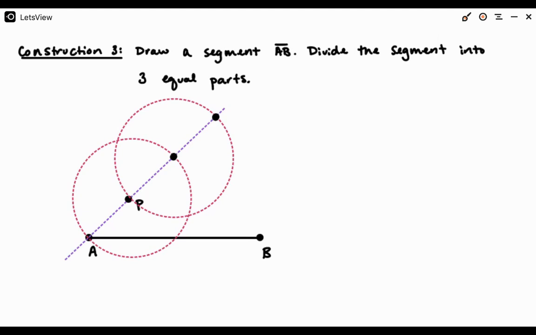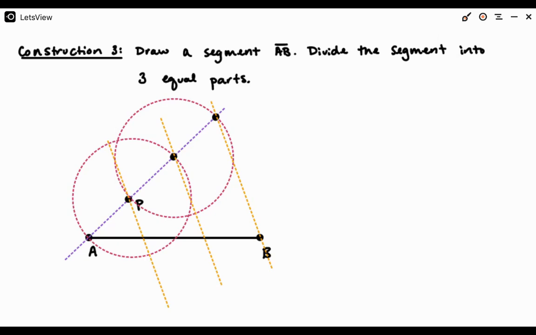Okay, next step is to draw a line from this final point through B. And now we just learned how to construct parallel lines. So let's say I construct a parallel line through this point. And then I construct another parallel line through that point.